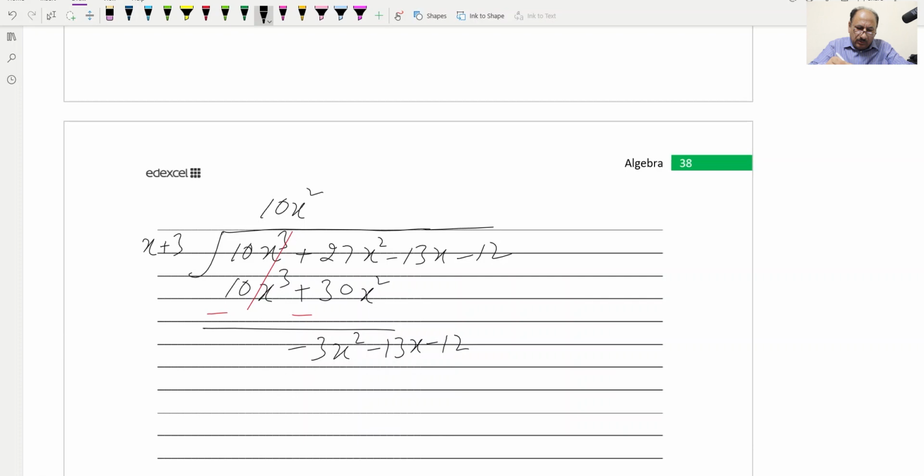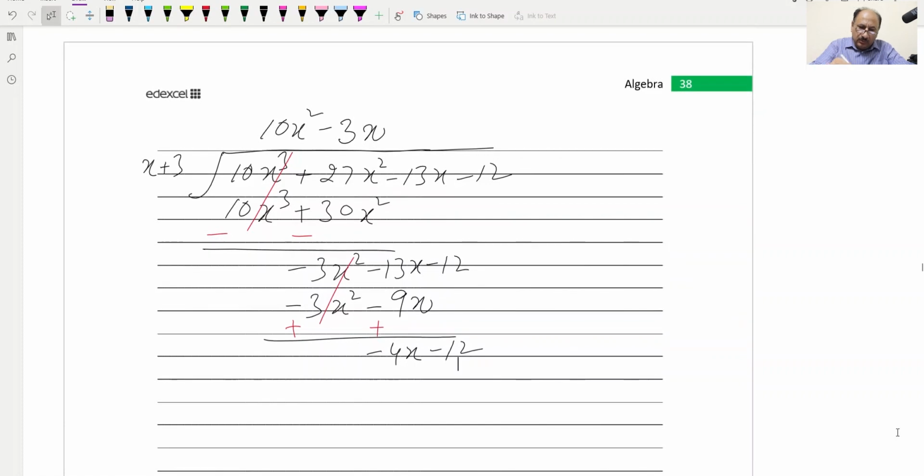Now we multiply x plus 3 by minus 3x, so this will be minus 3x squared and minus 9x, and further we change sign. After changing sign and cancellation, we get minus 13 plus 9, which is minus 4x, minus 12.